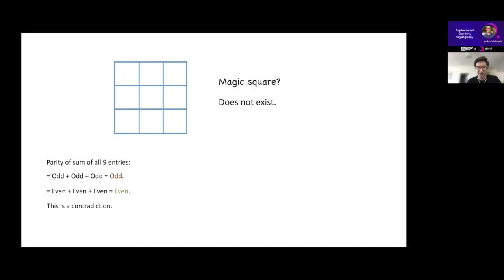And so this gives us a contradiction. So such a square does not exist. And so any strategy that Alice and Bob play will fail on at least 1 out of the 9 possible questions. And so the best winning probability for them is 8/9.